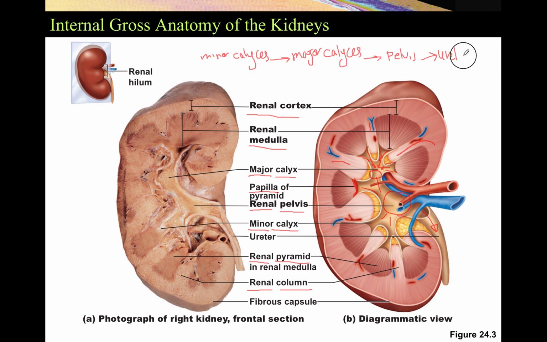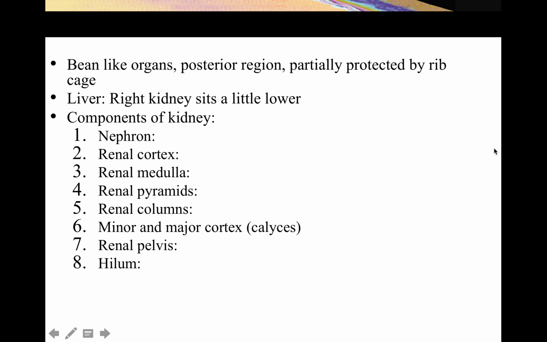So ureter, and following that would be the bladder, and the bladder goes to the urethra, which basically allows the urine to be excreted. Here's the terminology we already talked about.